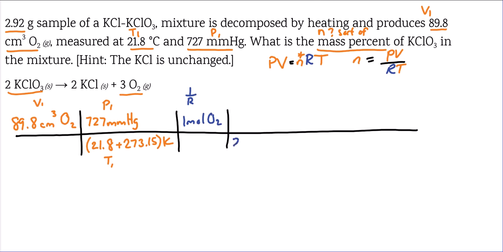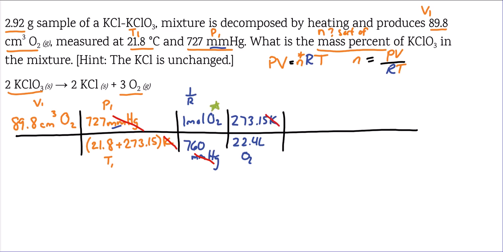Now, since the R value is typically listed as 22.4 liters for every 1 mole at STP, we're going to have to convert liters and cubic centimeters. This allows us to cancel out our millimeters of mercury, cancel out our Kelvin, and again, we will have to worry about converting cubic centimeters and liters.